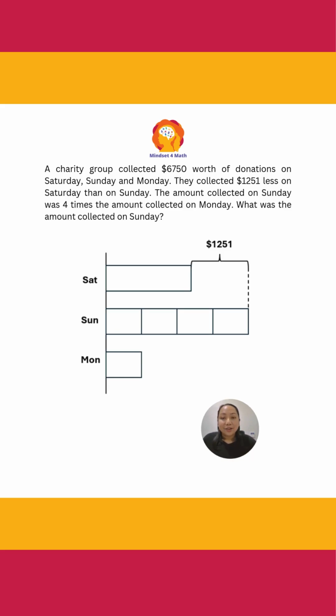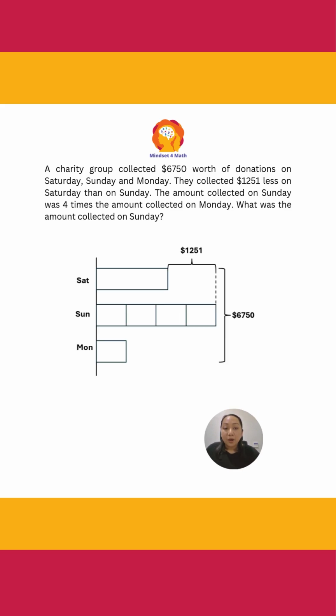The amount collected on Sunday was four times the amount collected on Monday. So what we will do is to cut the bar of Sunday into four equal units. Then we will represent the amount collected on Monday using 1 unit.